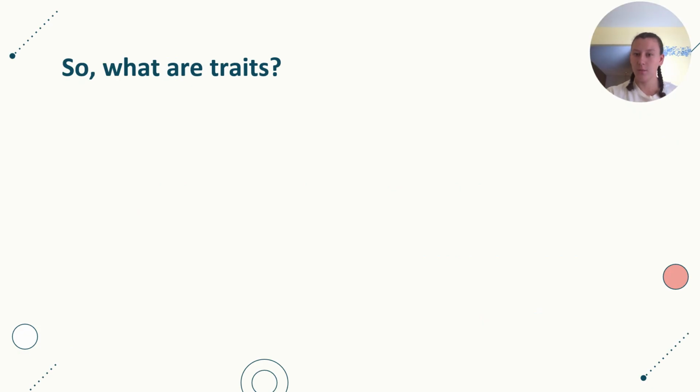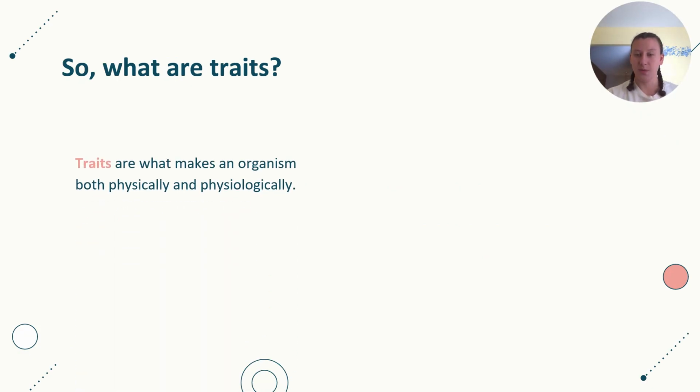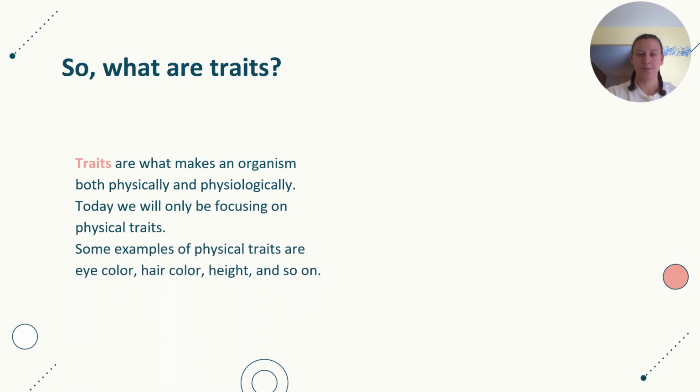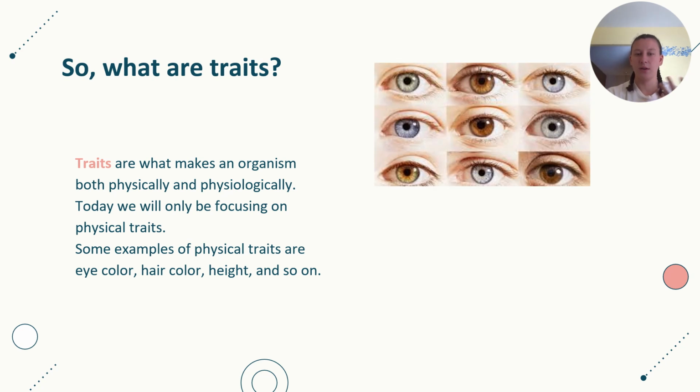All right, so what are traits that these parents are passing down to their offspring? Traits are what make an organism both physically and physiologically themselves, so today we're just focusing on physical traits because we're just starting, but we will eventually talk about other physiological traits as well. So some examples are your eye color. Some people have brown eyes, blue eyes, green eyes.